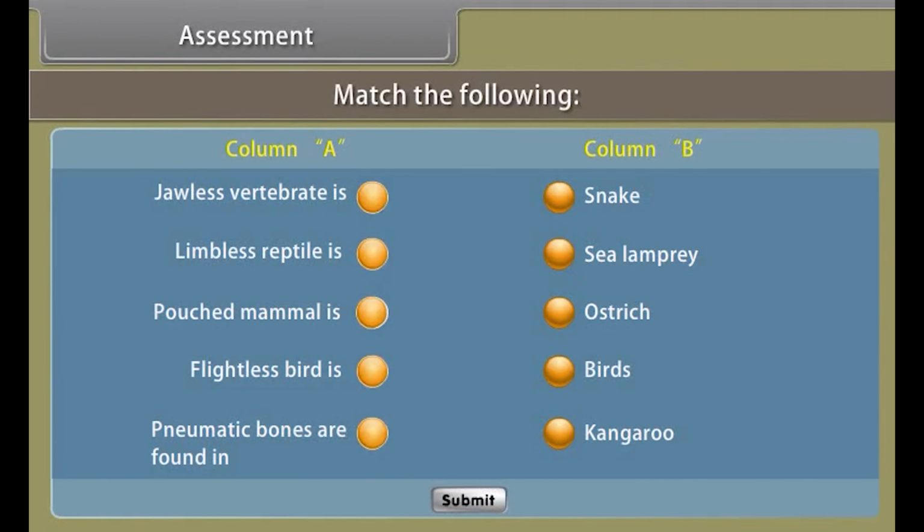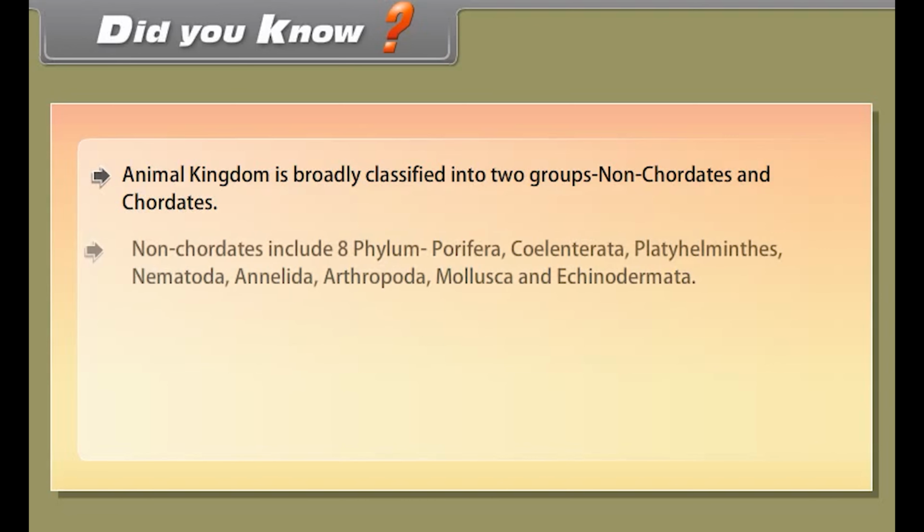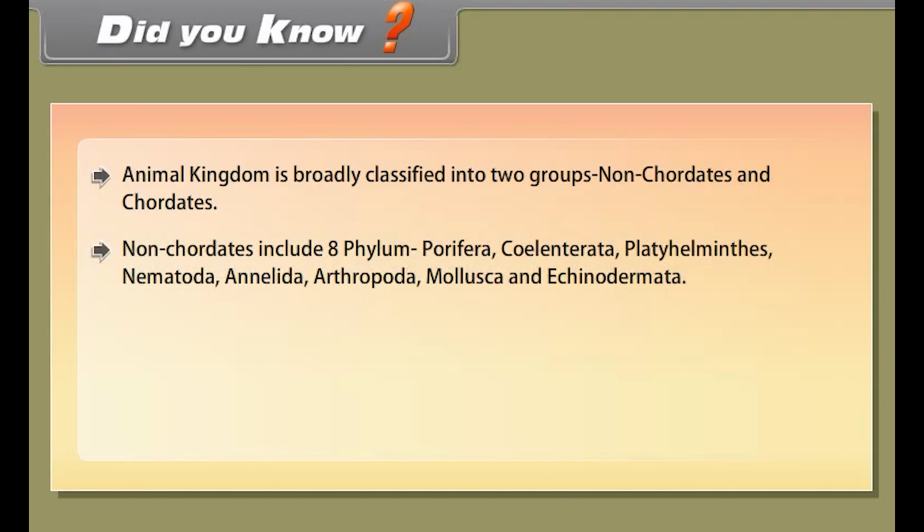Assessment. Before proceeding further, let us know how much you have learned. Did you know? The animal kingdom is broadly classified into two groups, non-chordates and chordates. Non-chordates include 8 phyla: Porifera, Coelenterata, Platyhelminthes, Nematoda, Annelida, Arthropoda, Mollusca, and Echinodermata.